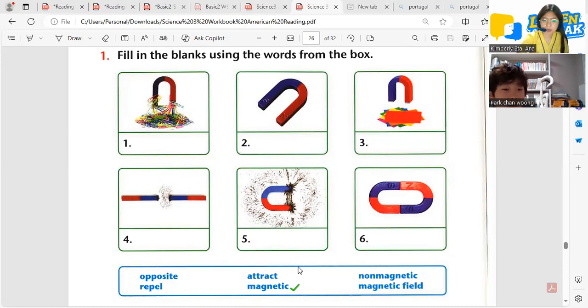Opposite. Number three. Non-magnetic. Number four. Repel. Number five is magnetic field. And lastly, we have attract. Nice work. See, you did it so quick.